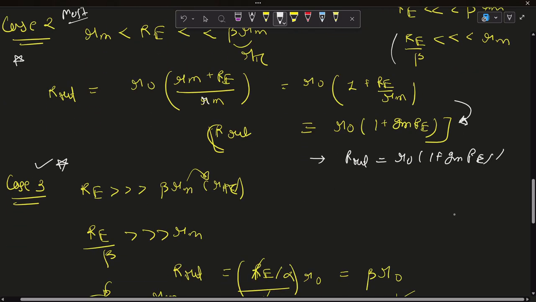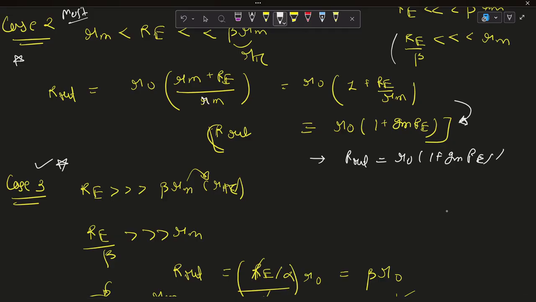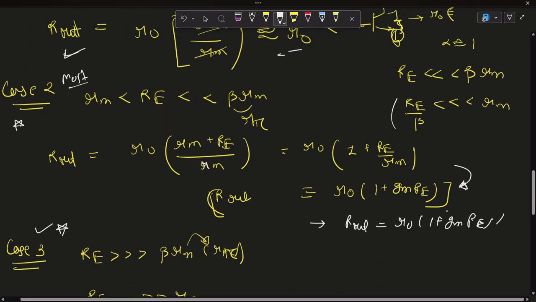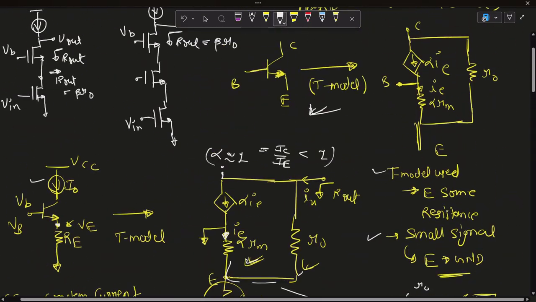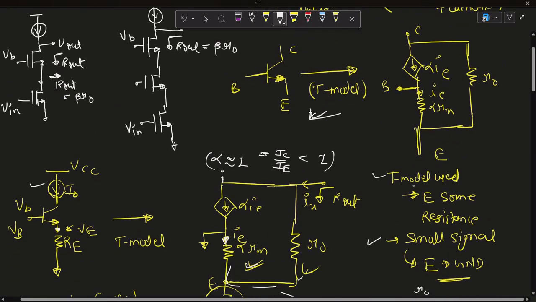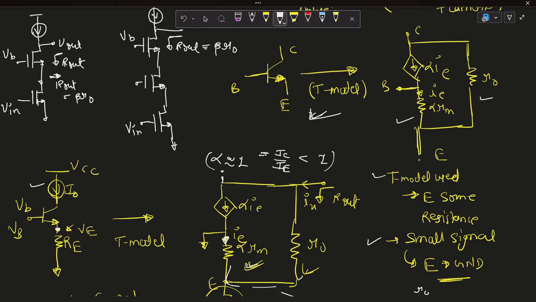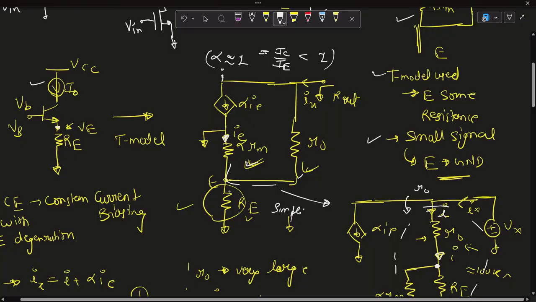But to increase gain we have to increase some parameter. If we see the state model, it has alpha Rm, R naught, and this degeneration resistance Re.